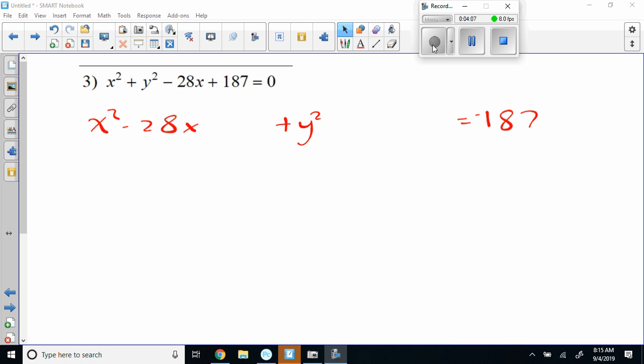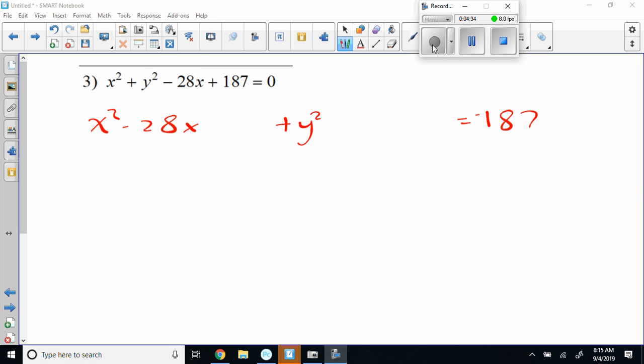But I do have to do something to the x terms, okay? And the reason I got to do something to the x term is I've got a linear term there, negative 28. But before I do that, I've got to consider, do I have something that I can pull out? Is there something in front of the square term? No. Well, there is. It's positive 1, right? And that's okay. That's what I need for it to be in order to complete the square.